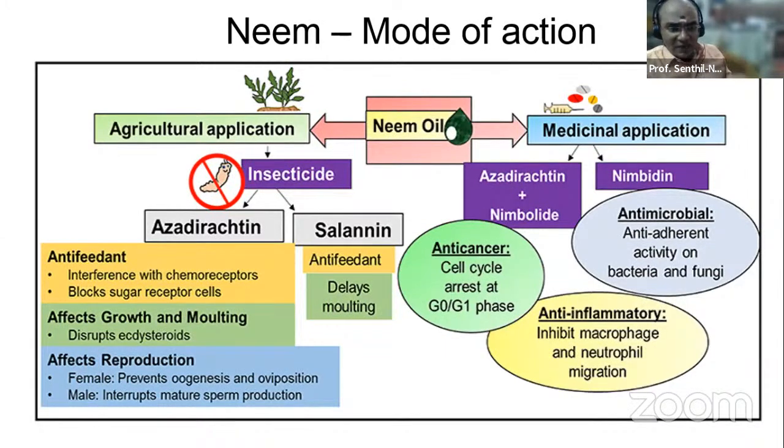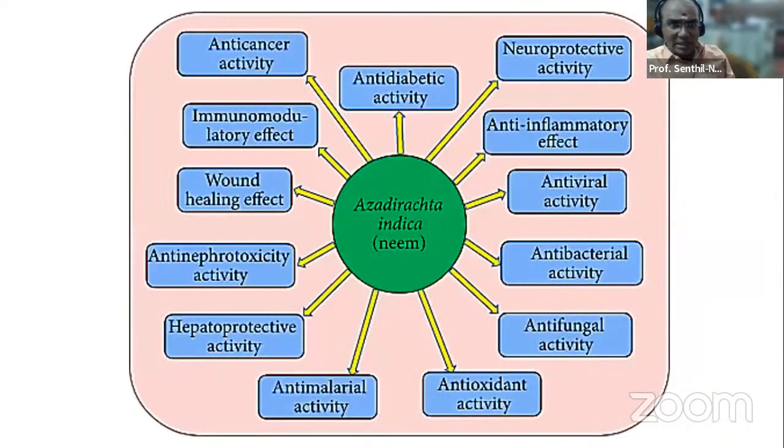So the antifeedant, growth and molting inhibitor, and reproductive effects of neem-based insecticide are a unique process, so the insect does not have the power to overcome this problem. Here I said anti-cancer, immunomodulatory effect, and wound healing effect are the beneficial effects of neem, along with hepatoprotective, anti-malarial, antioxidant, antifungal, antibacterial, antiviral, anti-inflammatory, and neuroprotective activity.